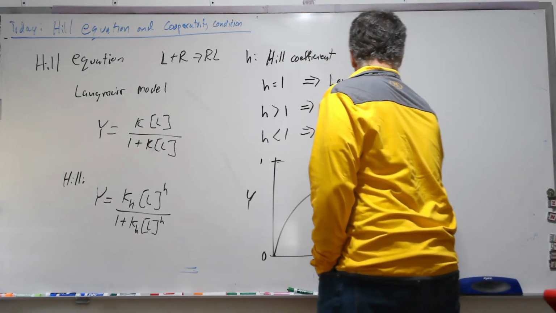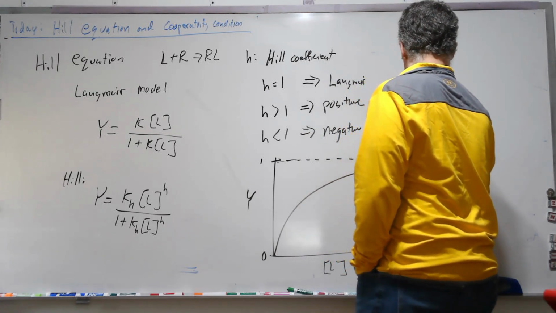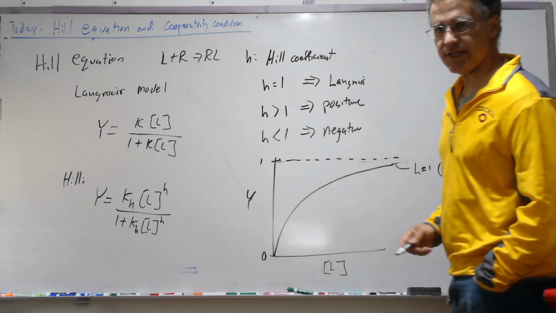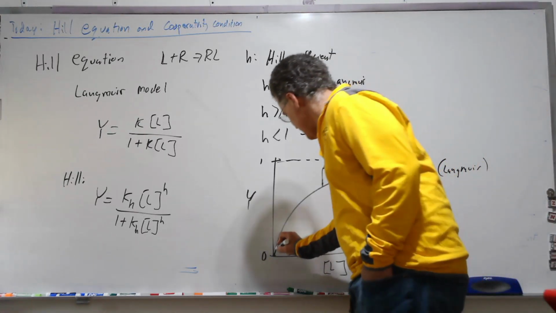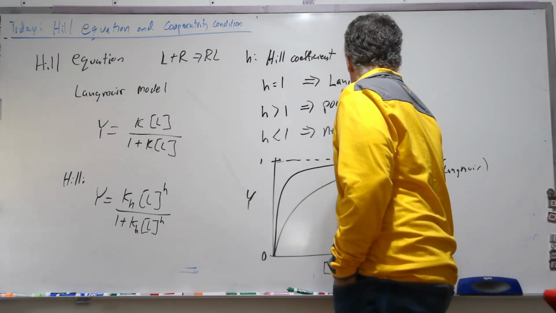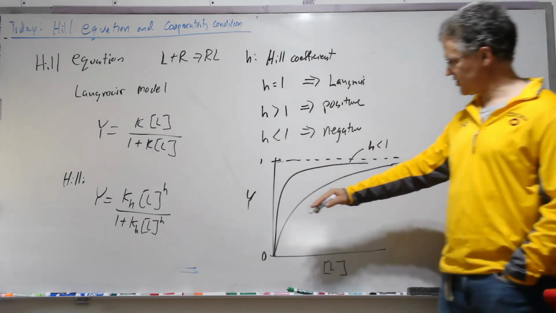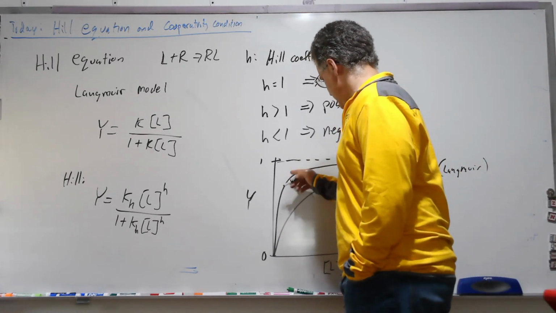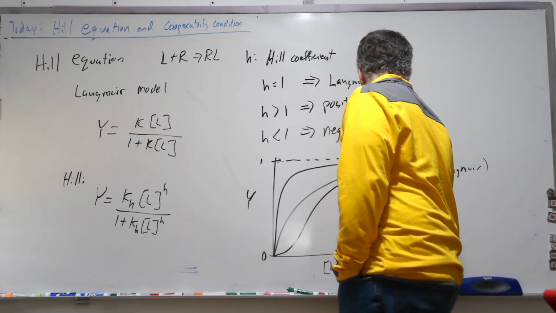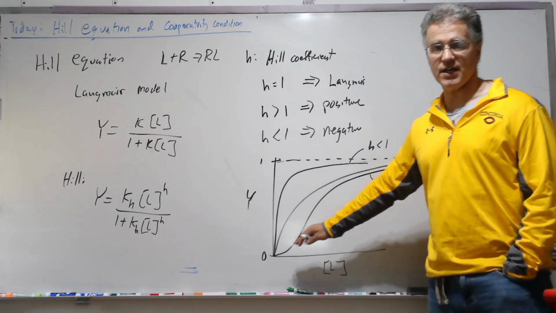if this is our Langmuir model, H equals 1. If H is less than 1, we get something that looks like that, a little sharper increase. And then if H is greater than 1, we get something that looks like that, where there's a little bit of an induction period.